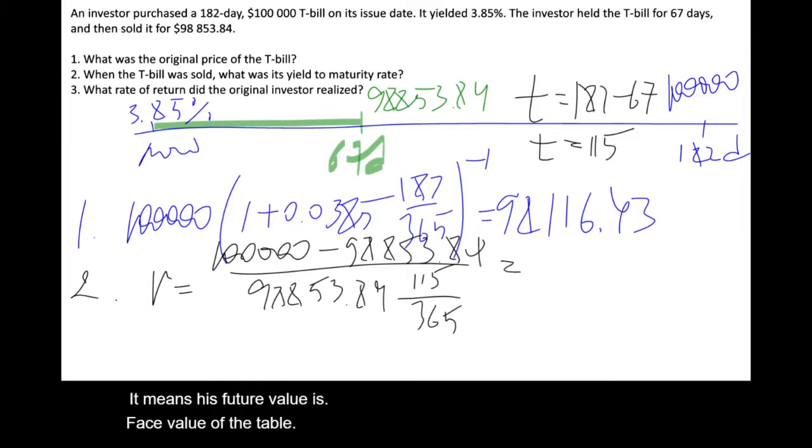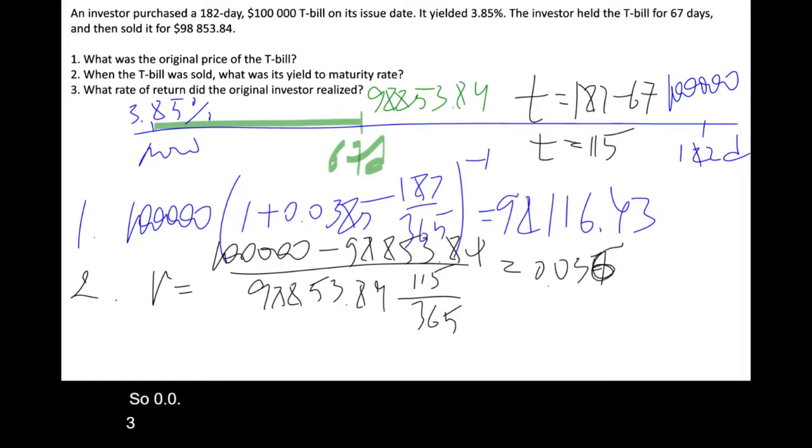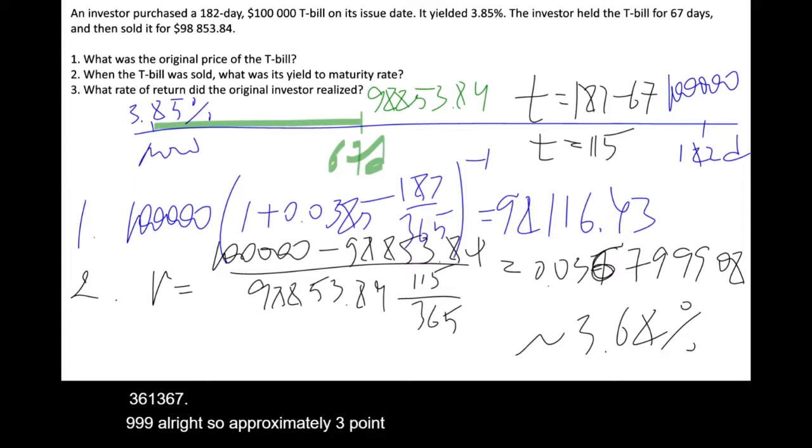Let's calculate 100,000 minus 98,853.84 divided. We get 0.036379908, so approximately 3.68%.